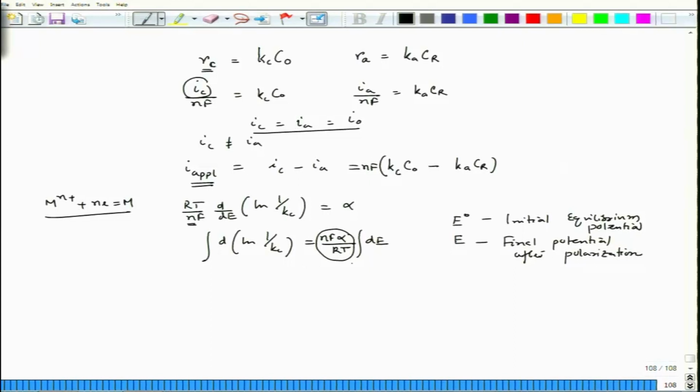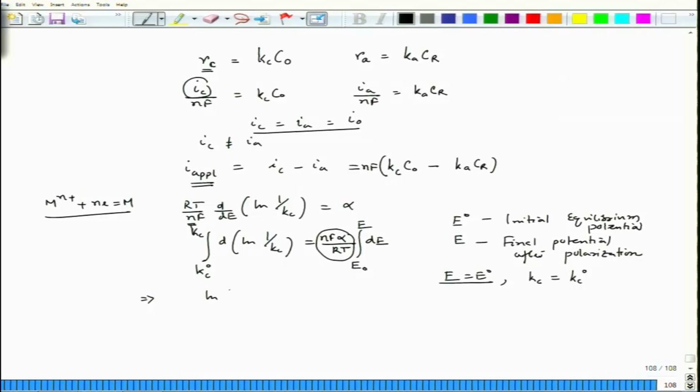So, the limits are E 0 to E, and when E equal to E 0, my K C should be equal to K C 0. Similarly, I can put K C 0 and K C. So, these are the two limits.